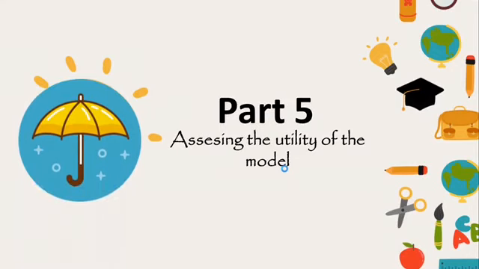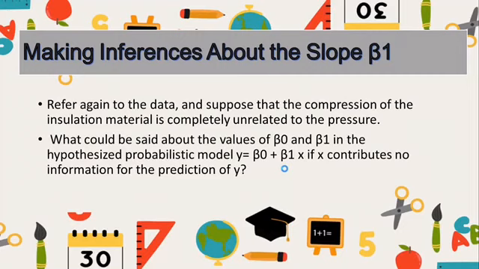Part 5 is assessing the utility of the model. First one is making inferences about the slope B1. Refer again to the data and suppose that the compression of the insulation material is completely unrelated to the pressure. What could be said about the values of B0 and B1 in the hypothesized probabilistic model Y equals B0 plus B1x if x contributes no information for the prediction of Y?